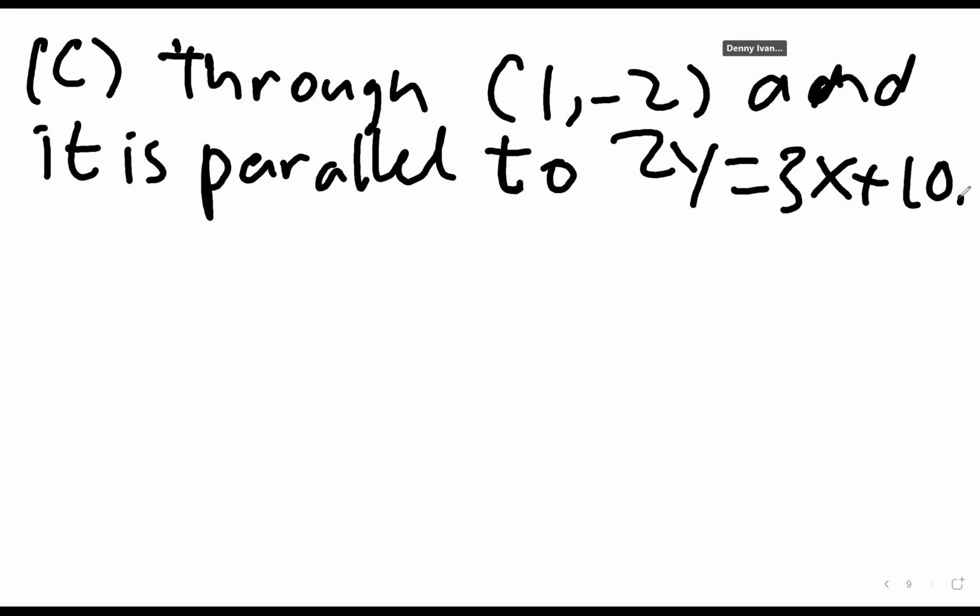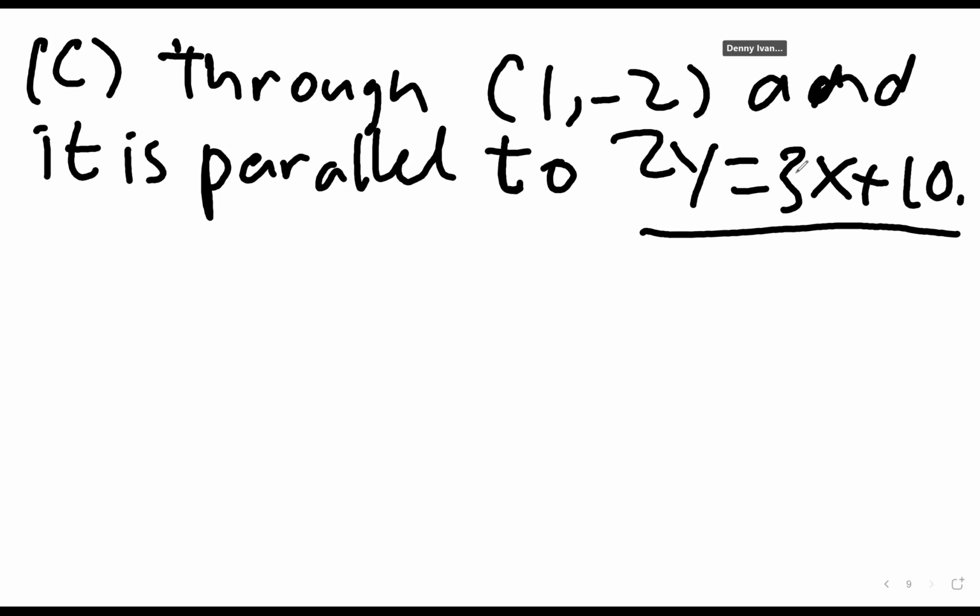Now, if we have 2 lines that are parallel to each other, then the information is that their gradients are the same. So in this case, first we have to look for the gradient.